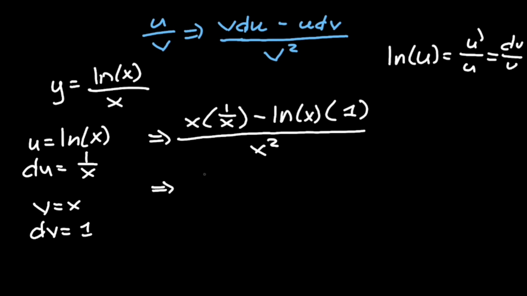Simplify this even further, you will get x minus ln of x over x cubed, because 1 over x, just put x below.